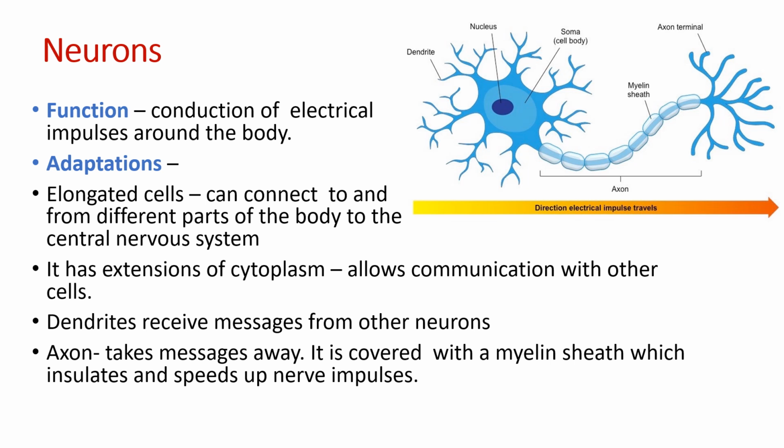The axon takes messages away. An axon has a very special feature. It is covered with a myelin sheath, which is a fat layer, and this insulates the axon like how electrical wires are insulated with a plastic cover. So this insulation speeds up nerve impulses.